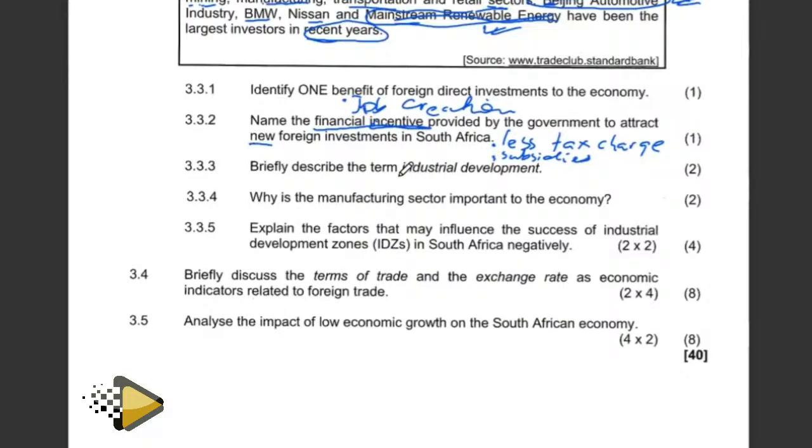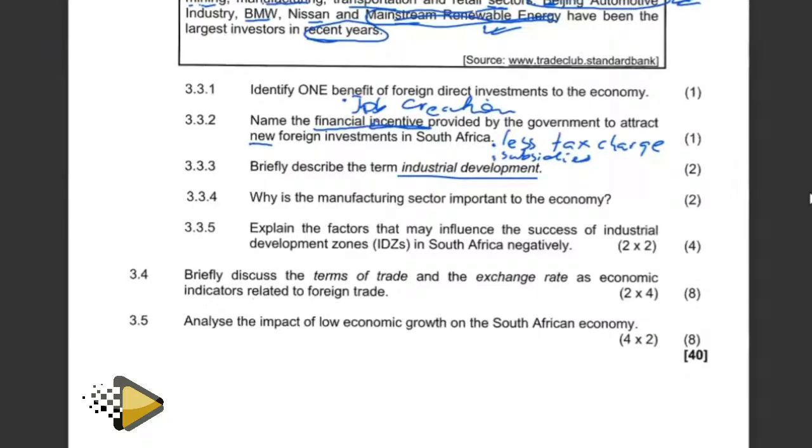3.3 addresses the issue of industrial development. When we talk of industrial development, we refer to the improvement of businesses that are selling the same product. If you still remember Grade 12, I explained this in a previous question.